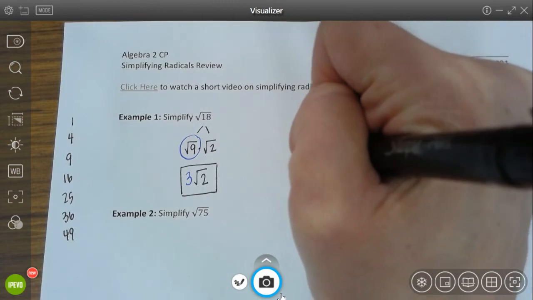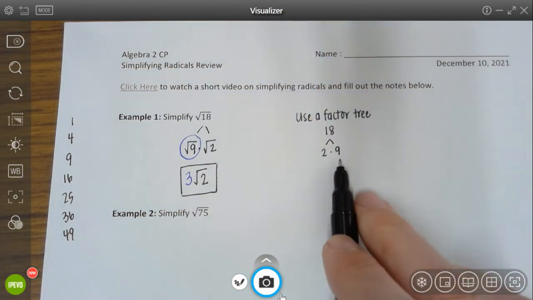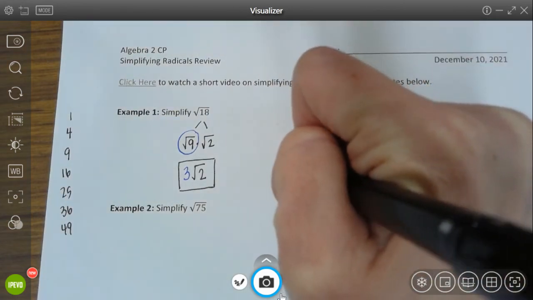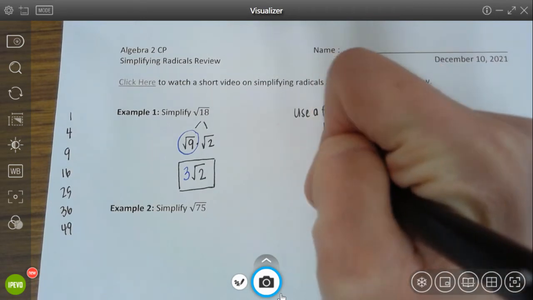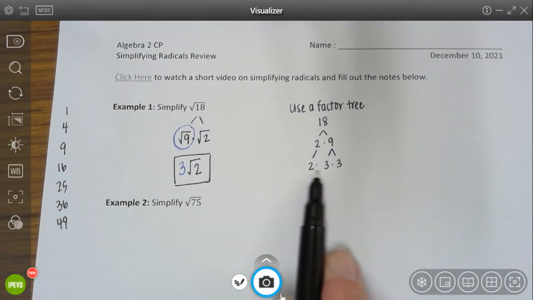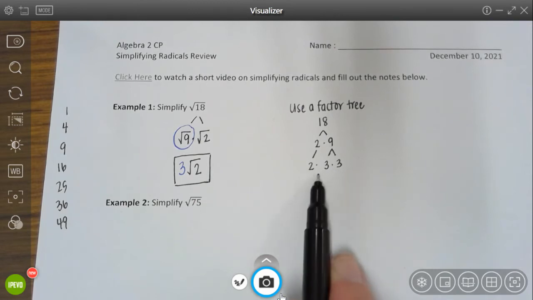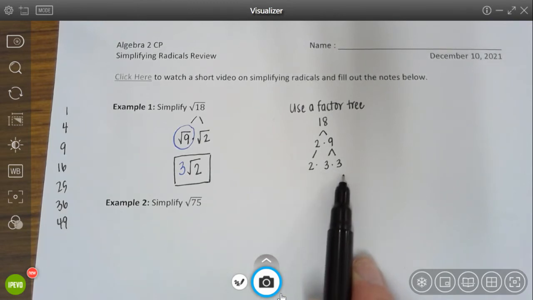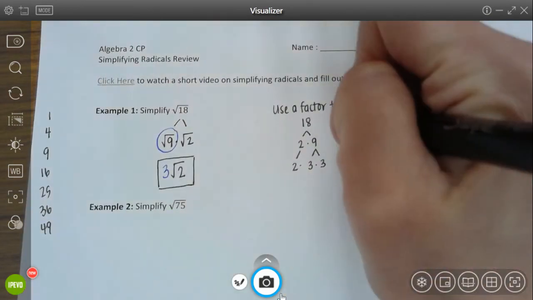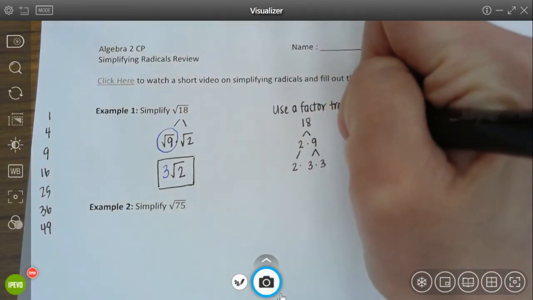So I'm going to write this as the product of 2 times 9. But I still know that 9 can be broken apart into two smaller numbers that are multiplied together. So I'm going to pull the 2 down here and break this apart into a 3 times 3. So once these numbers are as small as they can get, meaning I can't divide them by anything else other than themselves and 1, I'm going to use these numbers to rewrite the square root of 18.